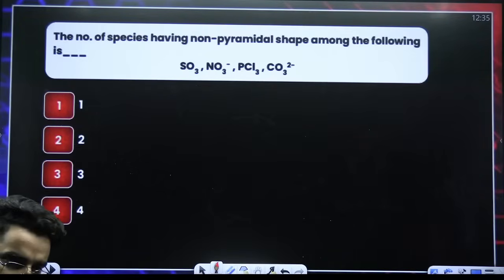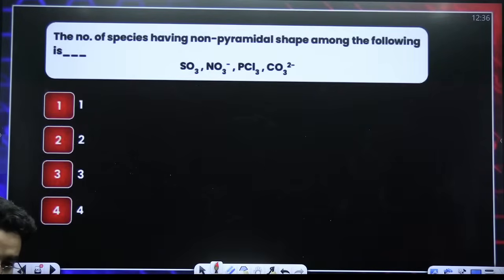You know, till now we have solved 200 questions, by the way. What is the answer of this one? Quick, guys.